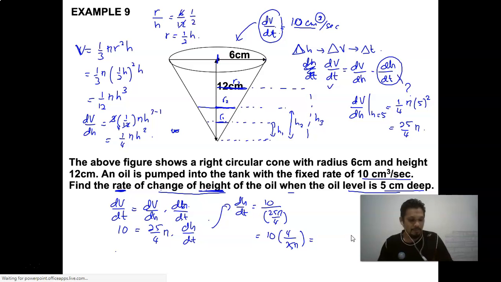Okay, so from here, 10 divided by 5 equals 2, and 25 divided by 5 equals 5. 2 times 4 equals 8, divided by 5 pi, centimeter per second. So the changes of height with respect to the time, height in centimeter and time in second.